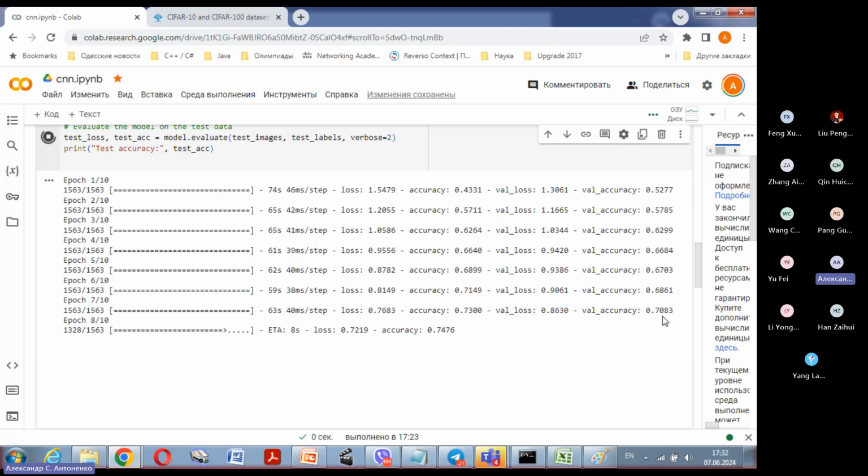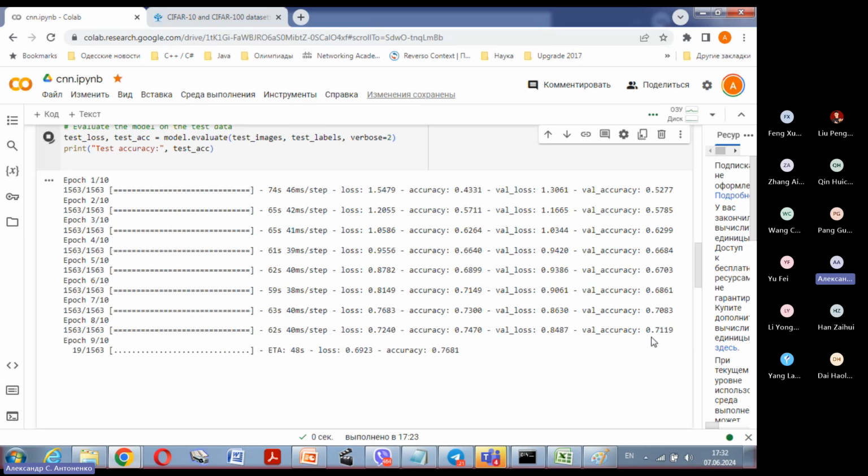But as you can see, this model works and achieves 70% on the test set. 70% is not good, but it's better than nothing. Maybe somebody among you will be able to create a better model. Okay, well, 71%, wow. So in this case, it goes up yet, 71%.